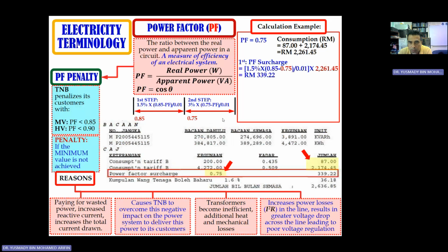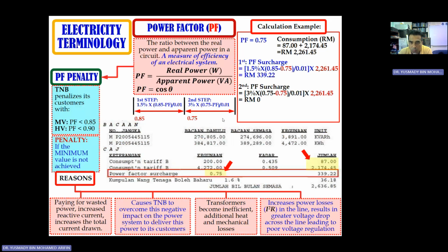And then if you refer to the power factor surcharge formula, first we conduct the first step, where we have 1.5% multiplied by 0.85 minus 0.75, the current power factor, divided by 0.01, multiplied by the actual consumption in ringgit Malaysia, 2261.45. So we get a total PF surcharge of RM 339.22. Okay, supposedly we do not need to calculate the second step.